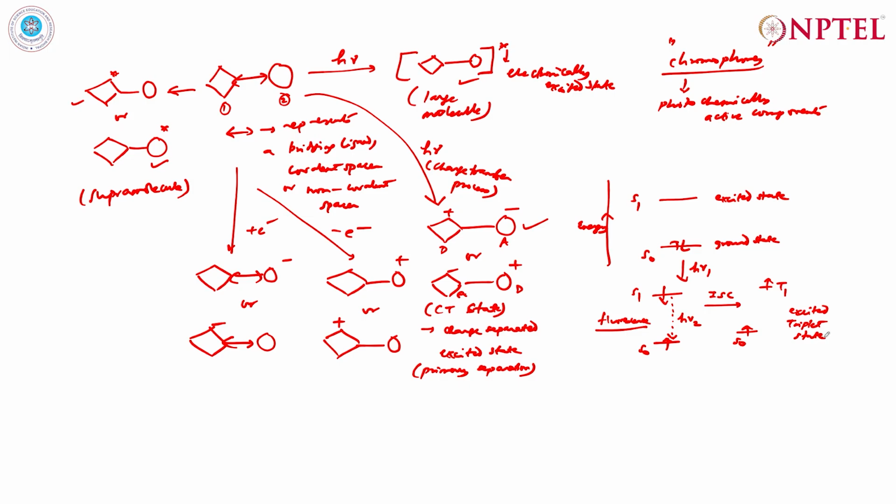And from this state you can have the back intersystem crossing, or you can have the phenomenon of phosphorescence. That is, this is now referred to as, say, h nu 5.